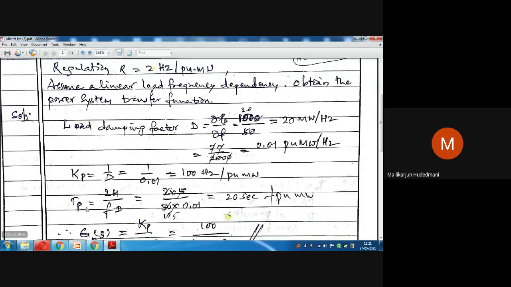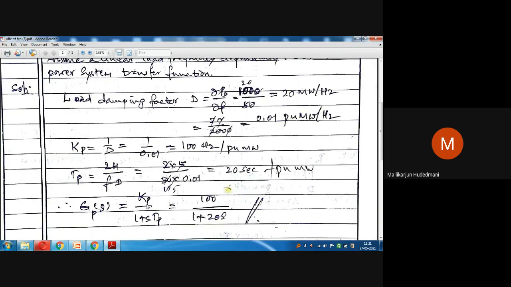Tp is 2H by F into D, 2 into 5 divided by 50 into 0.01, which is 20 seconds. Then in this function, Kp is 100 and 1 plus sTp with Tp 20. This is called the transfer function of the plant.